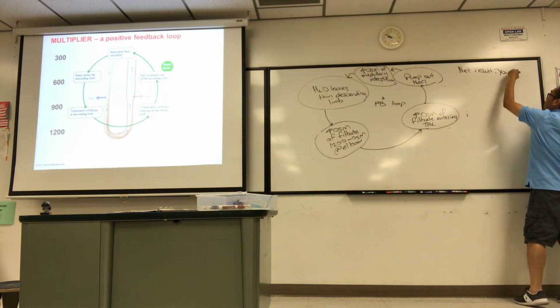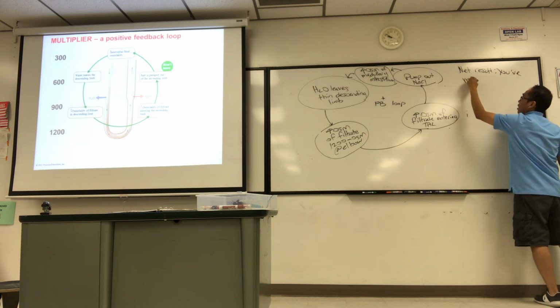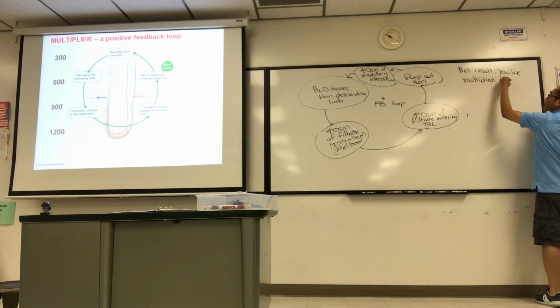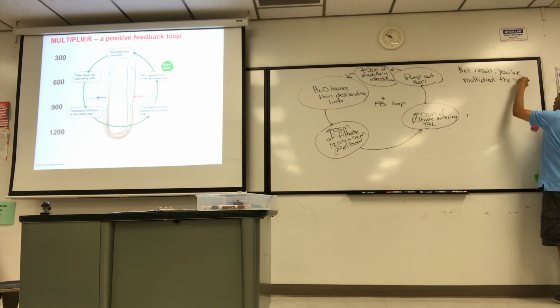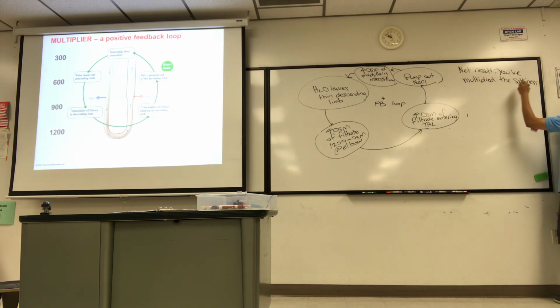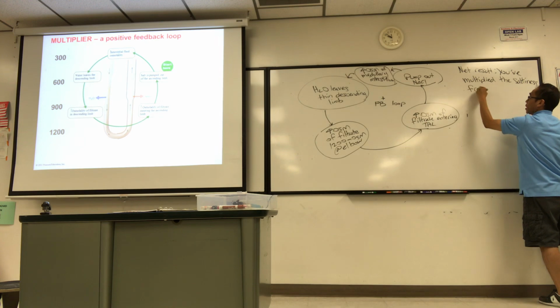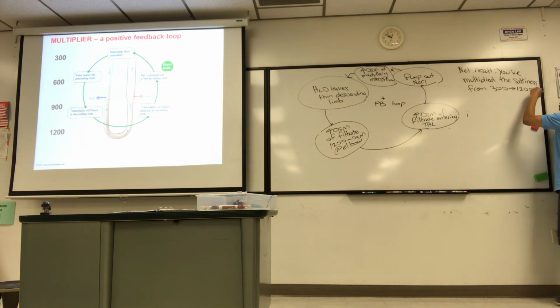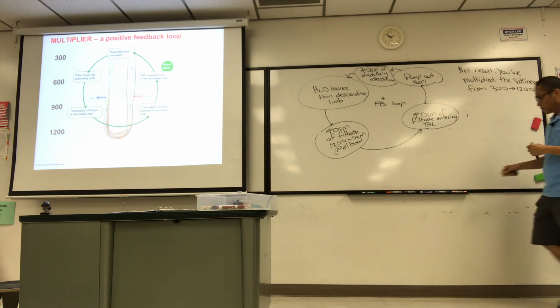You multiply the saltiness from 300 to 1200. Okay, that's what happens as a result of this loop, and that's all you need to really understand. And I just focused on two things.